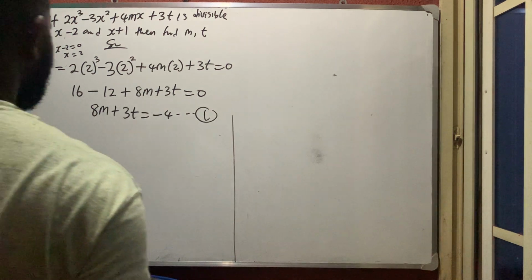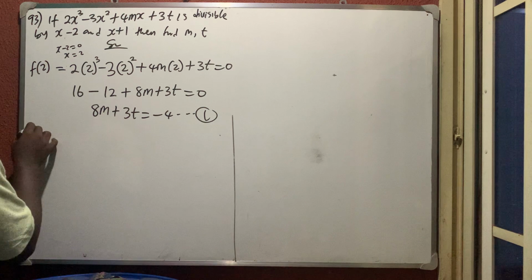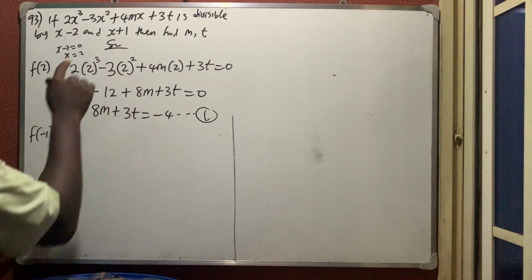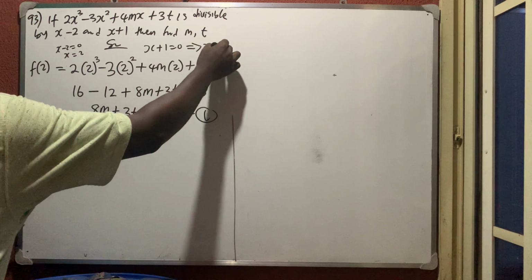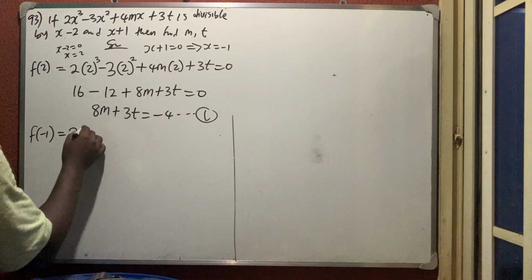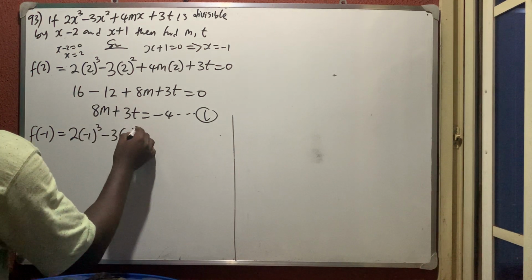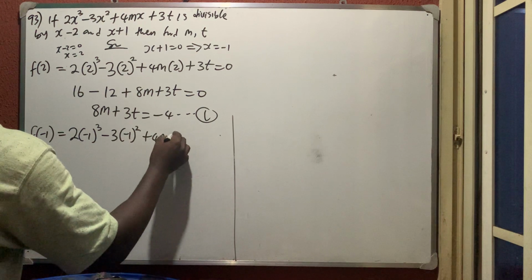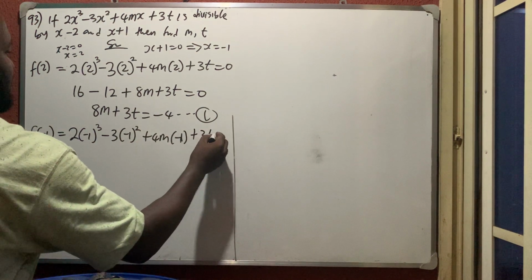Equation 1. Okay? So for equation 2, f of minus 1, because you can say x plus 1 is 0, which implies that x is equal to minus 1. So f of minus 1 is simply 2 into minus 1 raised to power 3 minus 3 into minus 1 squared plus 4m into minus 1, okay, then plus 3t is equal to 0.